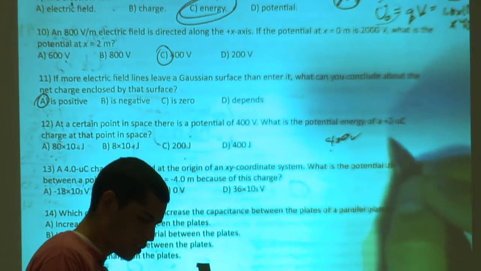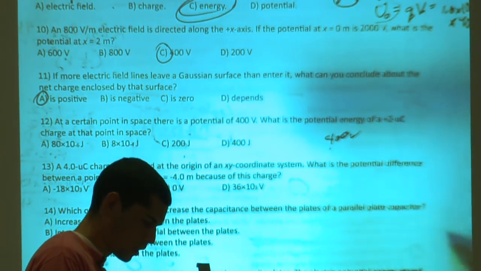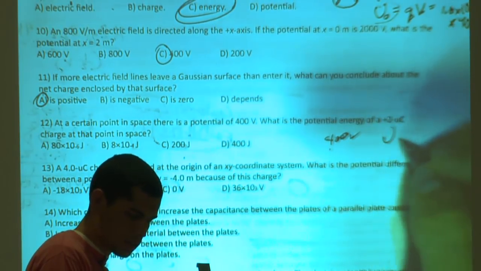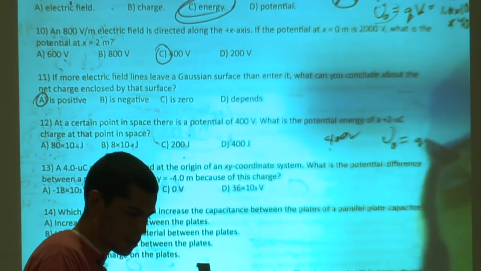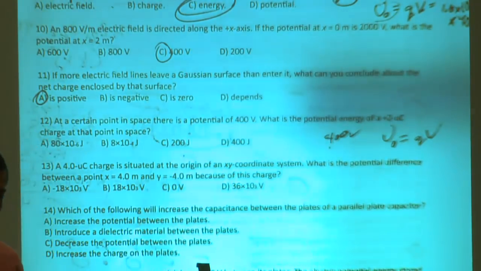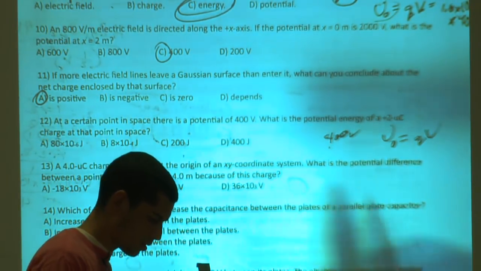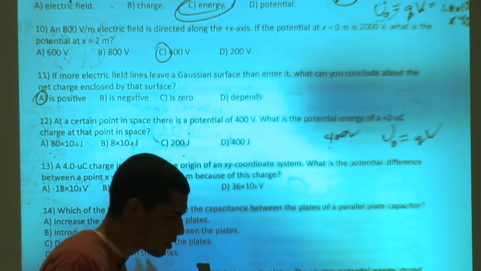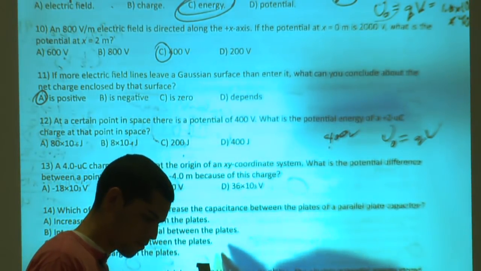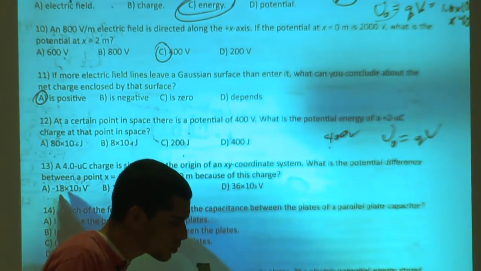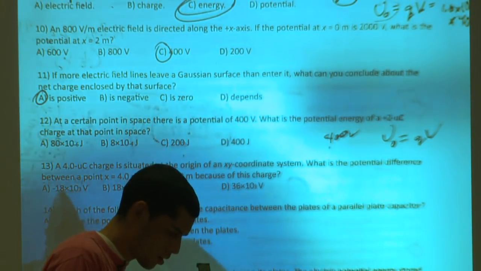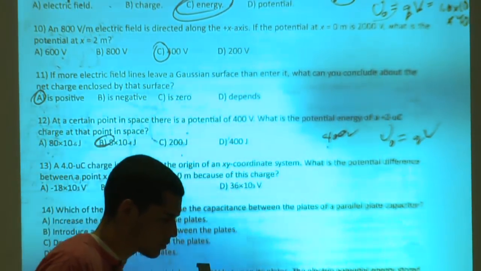We already did this, right? Potential energy is equal to Q times V. We have 2 microcoulombs, we multiply it by V, and we should get some number. Number 12: 8 times 10 to the negative 4 joules. Here we go.